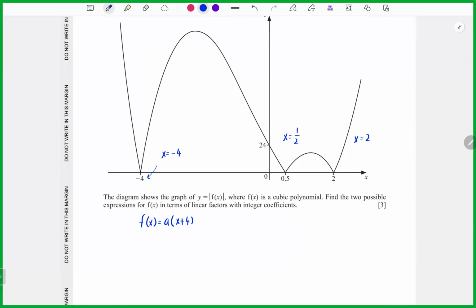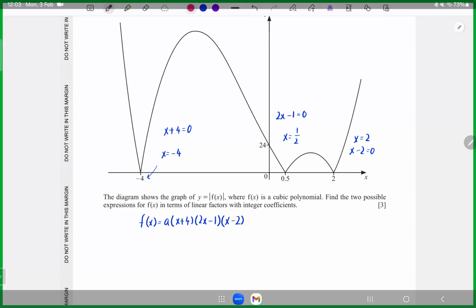If you want to write in factor form, x minus 2 equals 0, 2x minus 1 equals 0, x plus 4 equals 0. So you can take f(x) equals a bracket x plus 4, bracket 2x minus 1, bracket x minus 2.